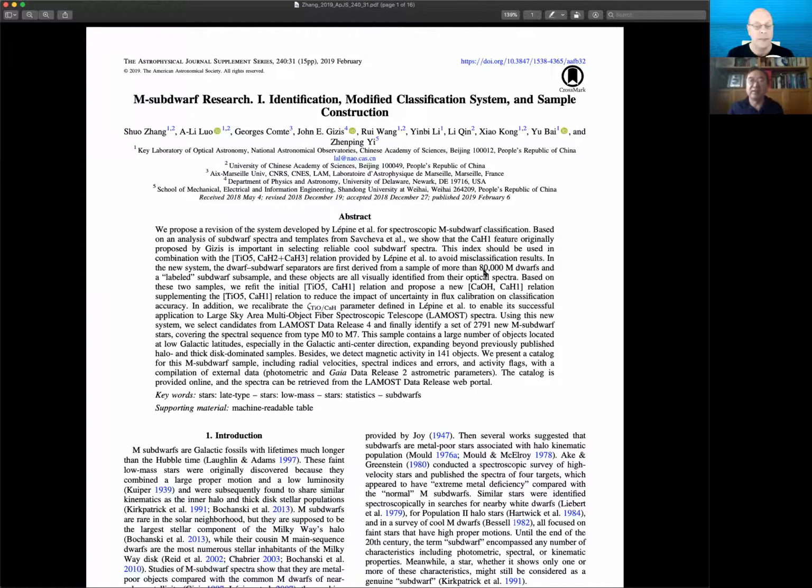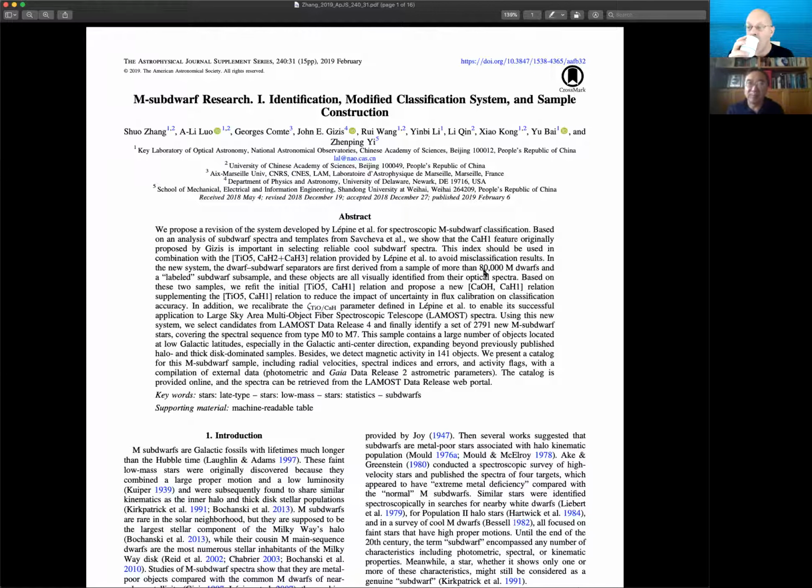So just as I said, the motivation is to look for how many M-subdwarfs we can get from the disk, and the thin disk. We know that M-subdwarfs are defined as metal-poor stars.